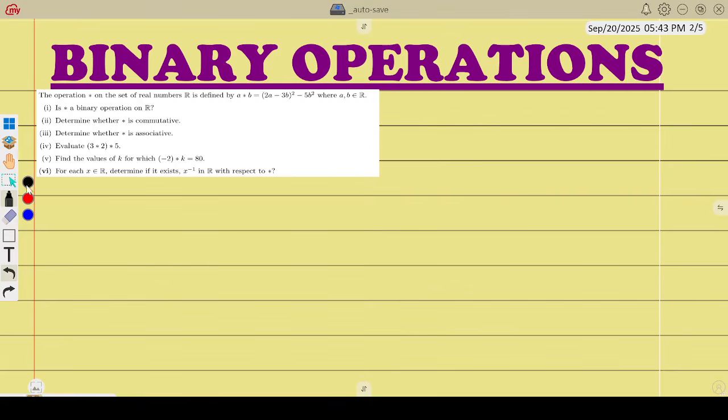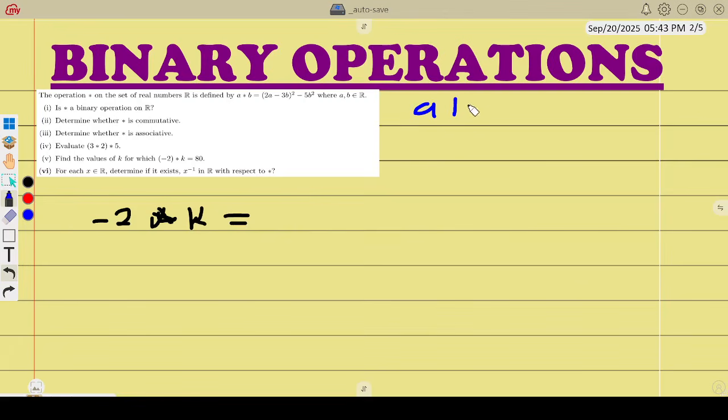And then the next question is: find the values of k for which negative 2 star k is equal to 80. So they're telling us that negative 2 star k is 80. Okay, so firstly let us do negative 2 star k.